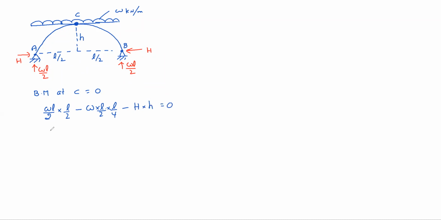Bending moment is 0. That is WL square by 4 minus WL square by 8 equal to H into H. That is WL square by 8 equal to H into H, or horizontal reaction equal to WL square by 8H. Okay, WL square by 8H.